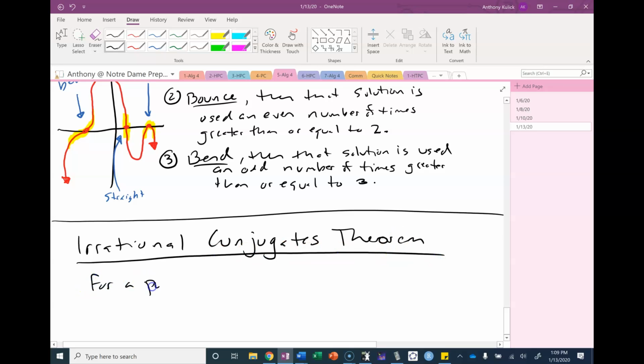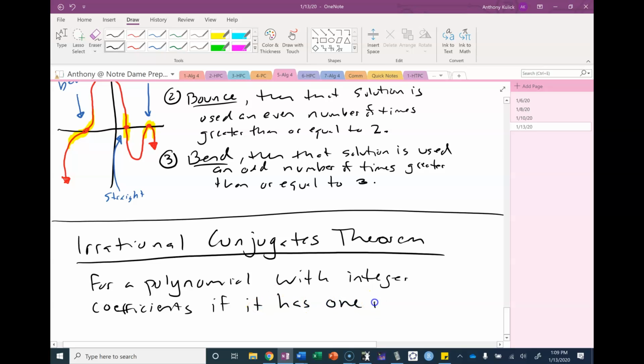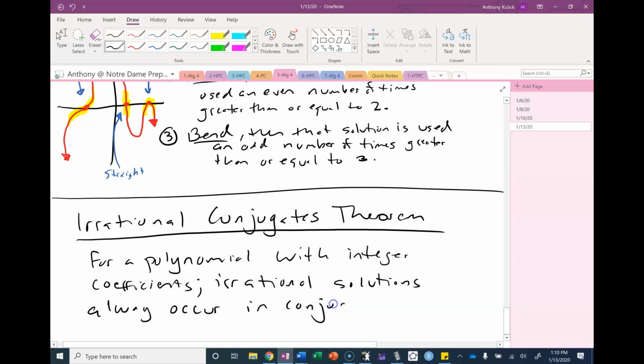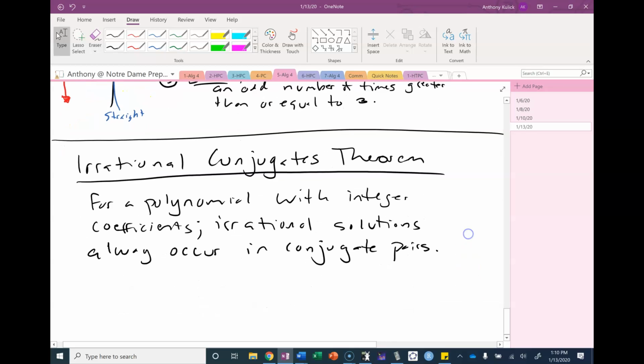And this says for a polynomial with integer coefficients, irrational solutions always occur in conjugate pairs. So you're always going to have an even number of irrational solutions.